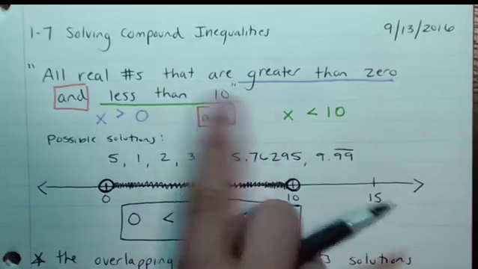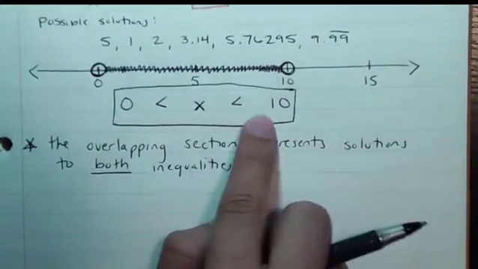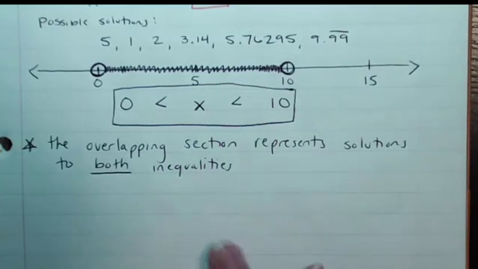In this example, I gave you the actual word problem and we wrote the two inequalities. We're going to be looking at just giving you the inequalities, or giving you something like this, the compound inequality, and we're going to graph it just from here.